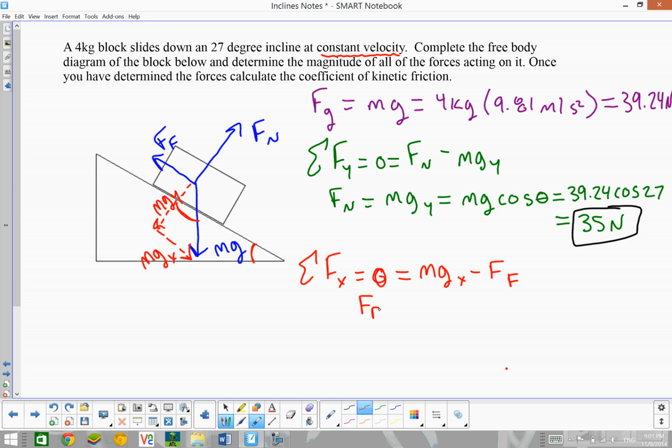The force of friction is therefore equal to mgx, which remember is equal to mg sine theta, which is equal to 39.24 times the sine of 27, which is 17.81 newtons.